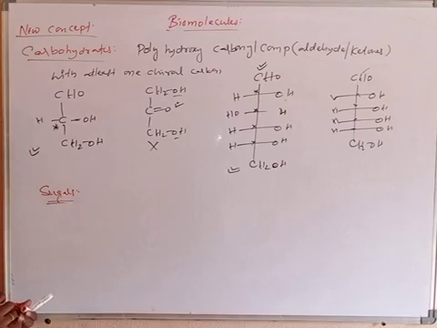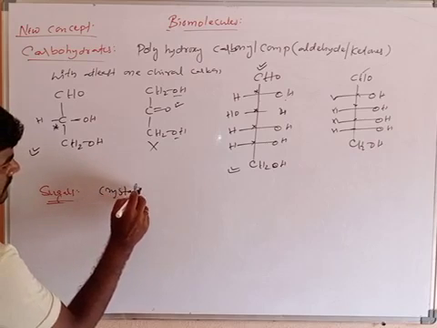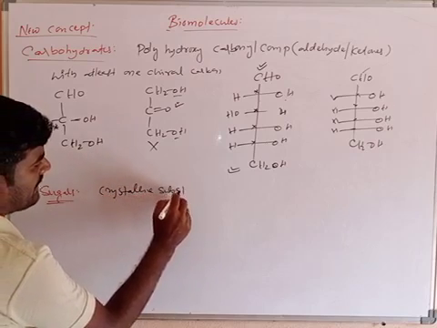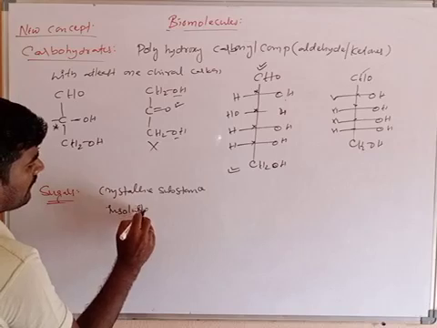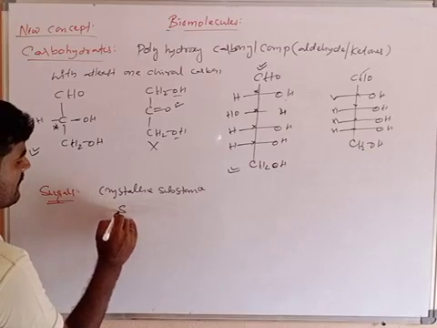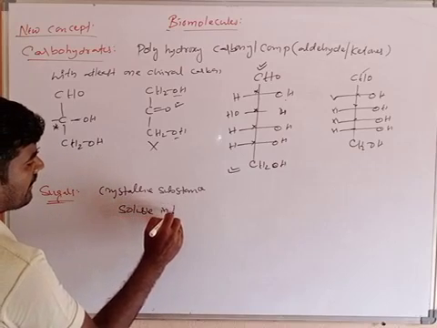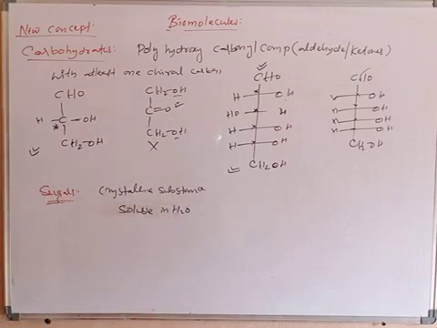Sugars are crystalline substances which are soluble in water, not insoluble, and have a sweet taste. They are sugars. All monosaccharides are examples of sugars. Glucose, fructose, all are examples of sugars.